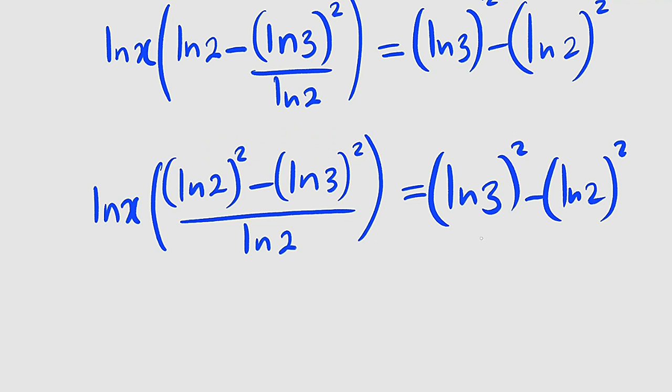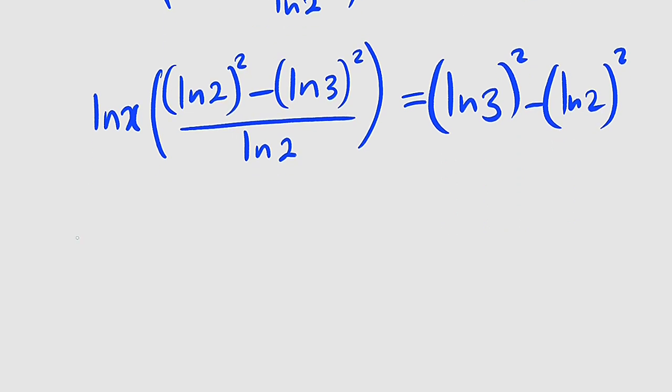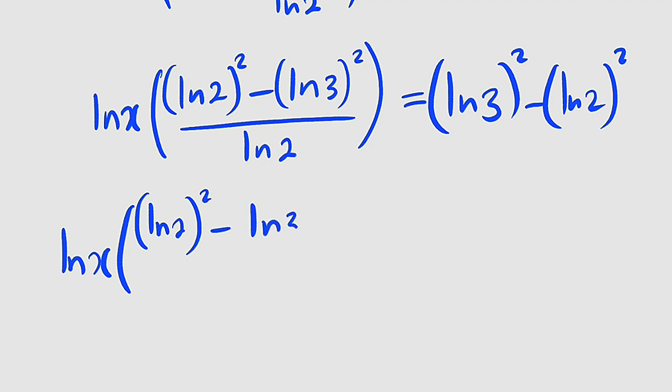So we can make this one negative. It doesn't matter. We multiply the top and the bottom by negative, so that the left hand side will remain ln x multiplied by (ln 2)² minus (ln 3)² divided by ln 2.